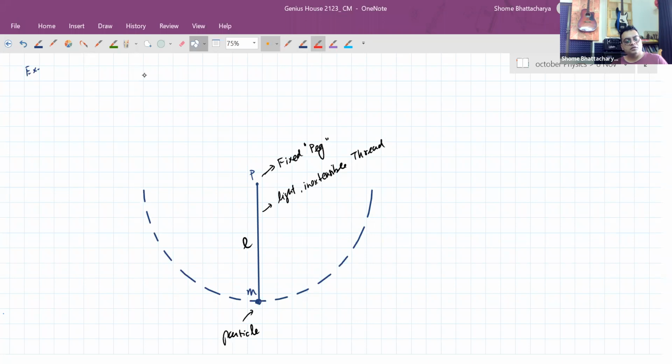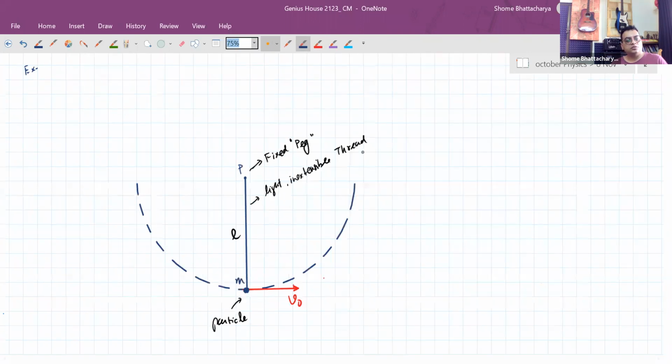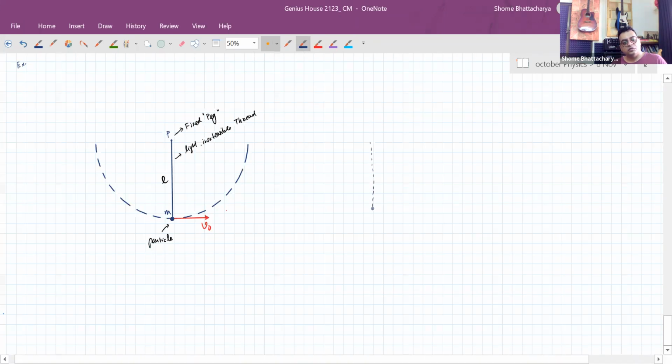So now if we give the particle some initial impulse, such that it sets off with a velocity v0 at the lowest position, then from here, by the time the particle comes to some angular position, linear speed has changed to v.